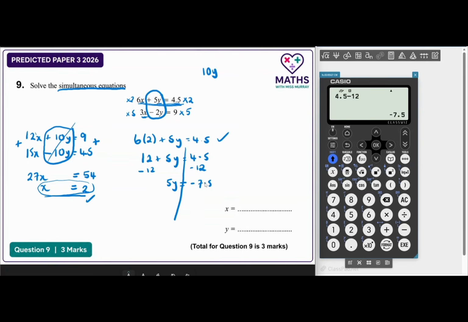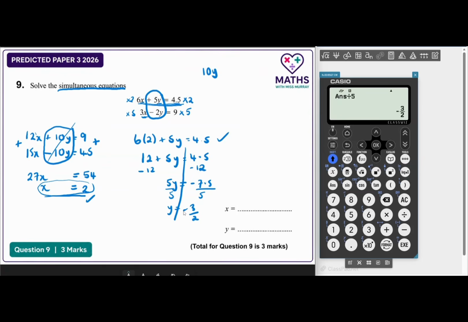So to get y, I have to divide by 5. So y equals whatever negative 7.5 divided by 5 is. So I can just pop that in my calculator, and it gives me negative 3/2. I would actually leave that as a fraction because it's going to give you a recurring decimal otherwise. Fractional answers are perfectly fine. They're equivalent answers.